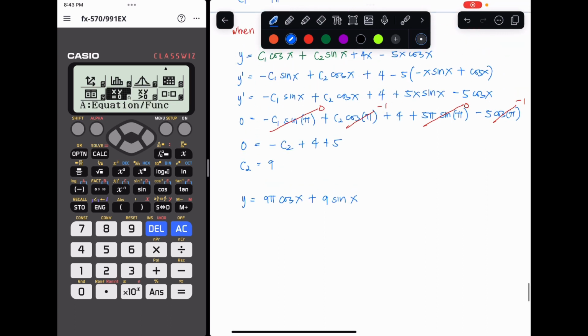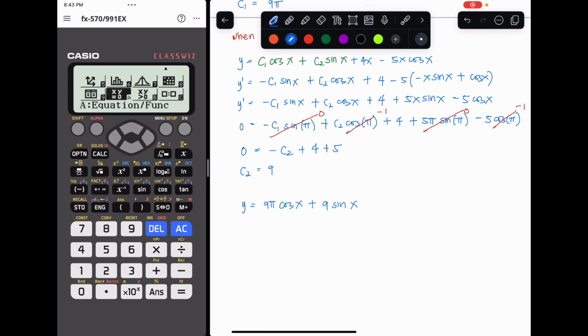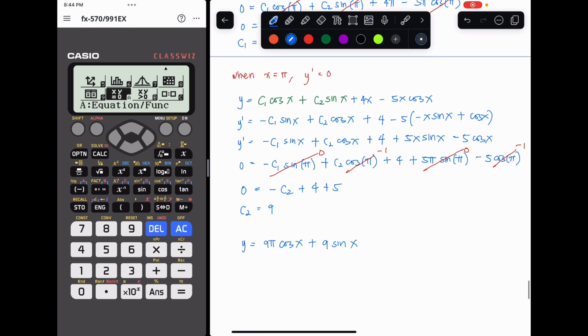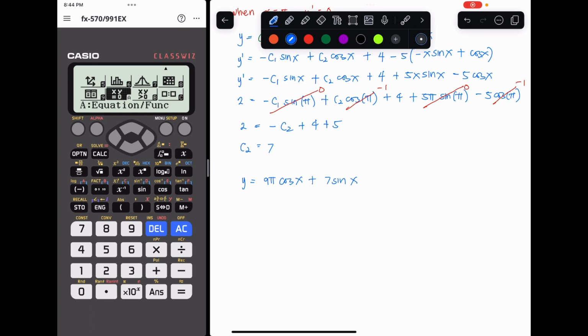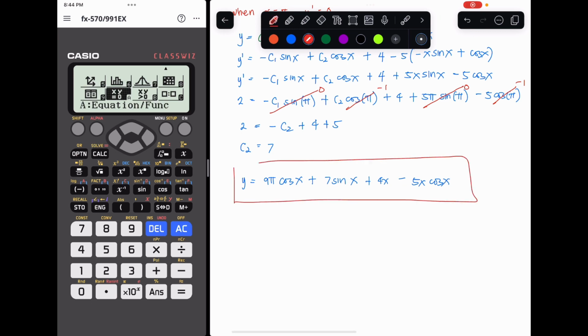Okay, I forgot: y prime is not 0, it's 2. So therefore C2 is 7, not 9. So C2 will be 7 sine x. And for our yp, that would be plus 4x minus 5x cosine x. And finally, that will be our general solution.